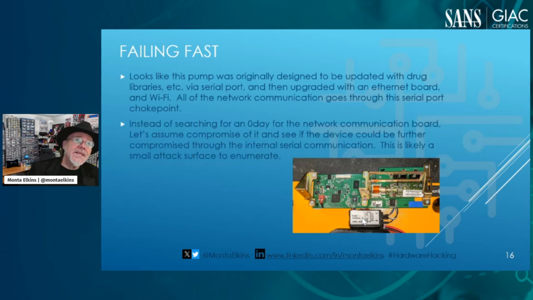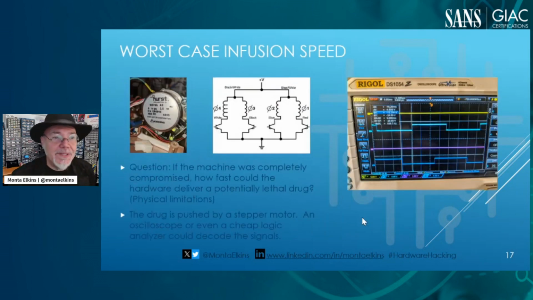So one of the things I might do is, without actually having to compromise that communication board, I can consider what kind of vulnerabilities or what kind of additional features I could unlock in this device if I could compromise that board, right? Kind of jumping ahead to what could happen without actually having to do all that work.